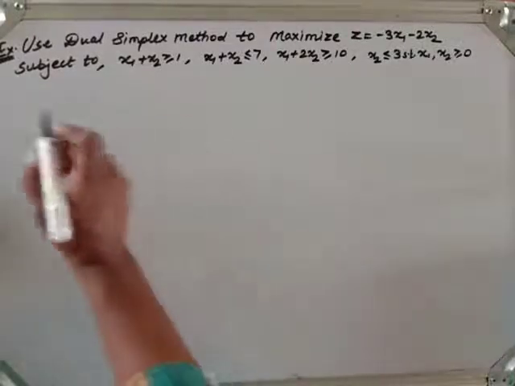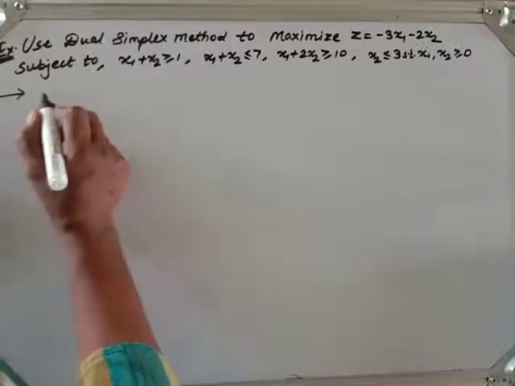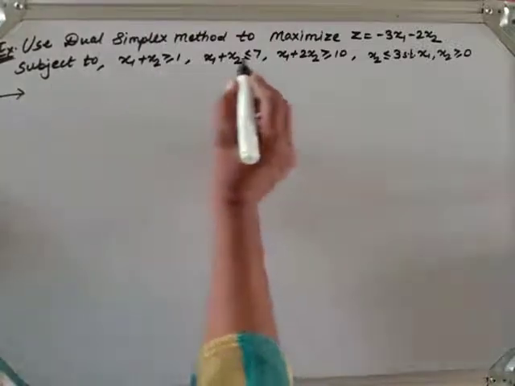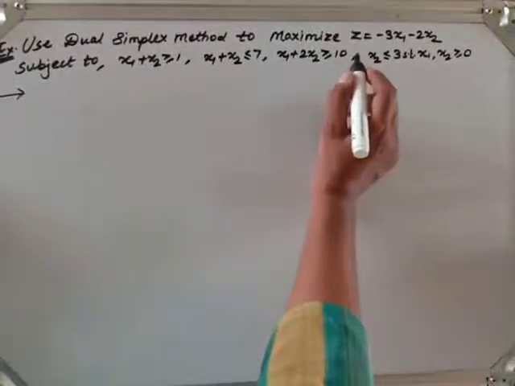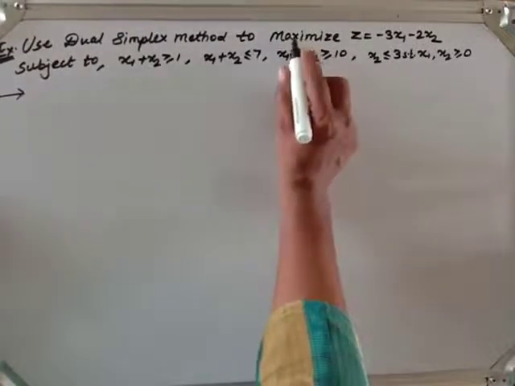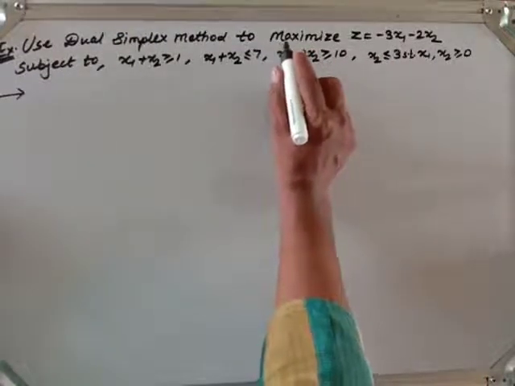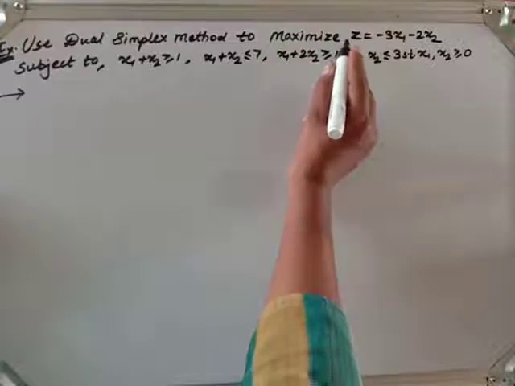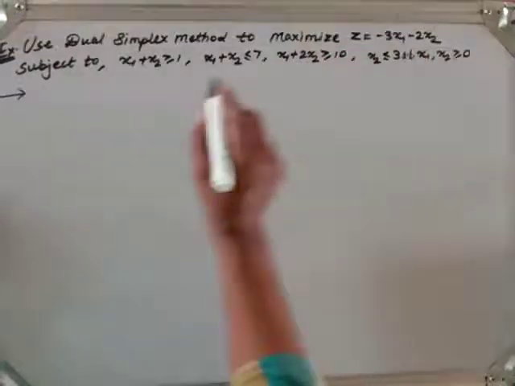Step 1 of dual simplex method says that first of all we have to reduce the given problem into canonical form. The canonical form requires the objective function to be of maximization type, and clearly it is of maximization type.